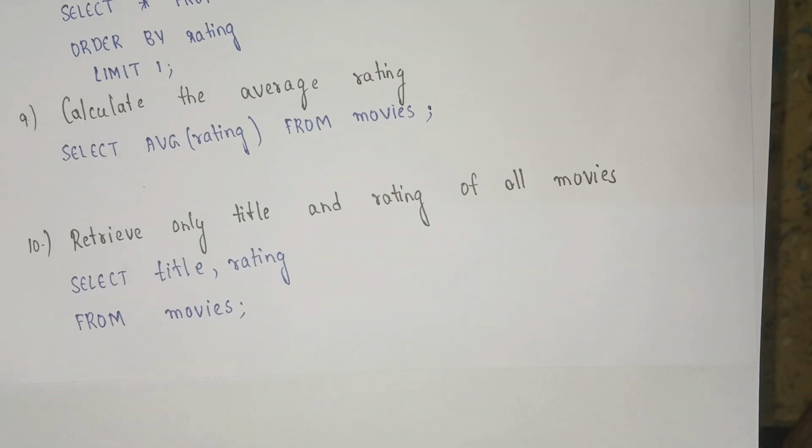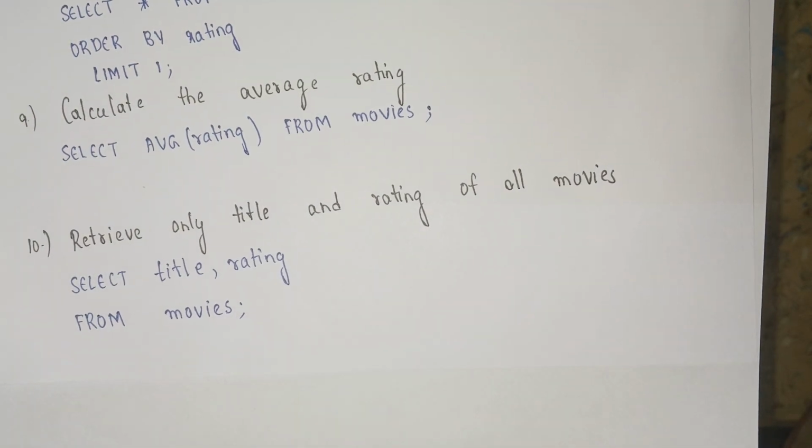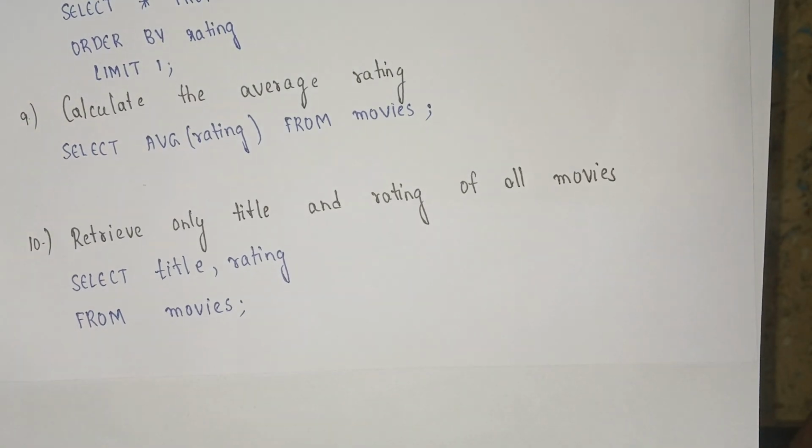Next, there is a filtering condition where we can use the where clause to filter. With the where clause we filter the data whenever a condition is required. And with order by we can sort the data in either ascending or descending order.